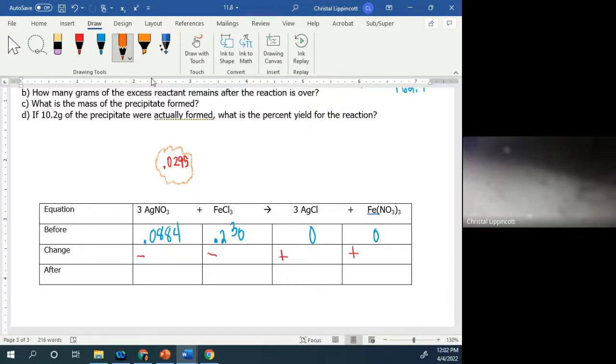Now I'm going to use my cloud and my coefficients to determine what numbers belong in here. So for this one, I'm going to take my cloud value and multiply by 3. Here, I'm going to take it and multiply by 1. Multiply by 3. And multiply by 1.